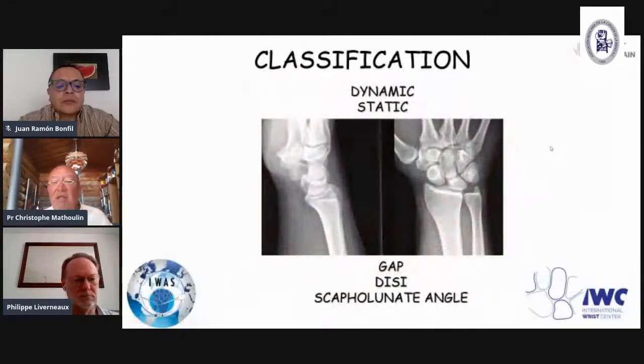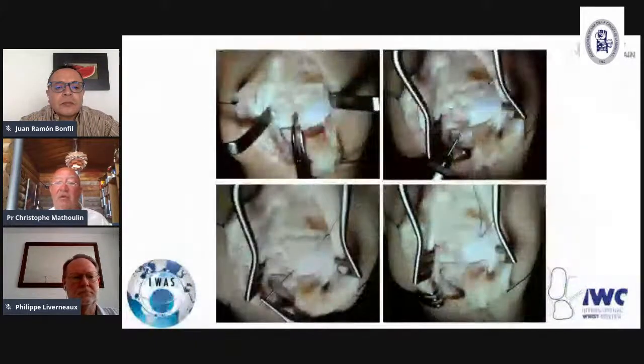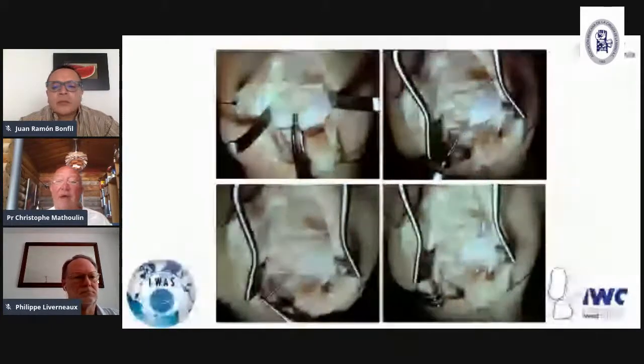So at this period, we classified the lesion as dynamic or static, and the diagnosis was made by gap, DISI, and scapholunate angle. And unfortunately, we discussed this lesion very late. So the treatment was a direct suture, and you see the damage we created to operate and suture an unvascularized area.